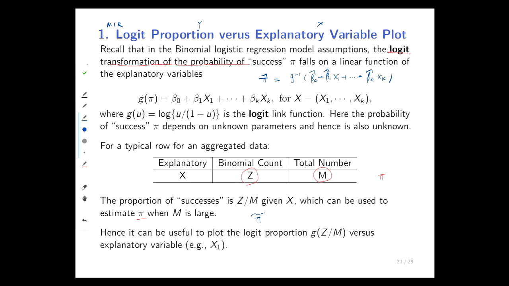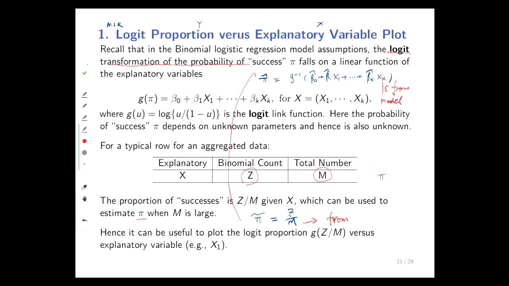But here we have a different method of estimation, which is a very straightforward estimation. And pi tilde just equals z divided by n. So they are different. This one is from the model, and this one is from intuition.